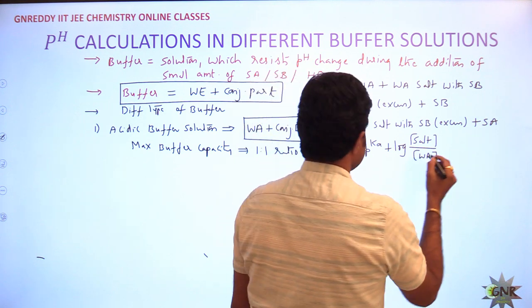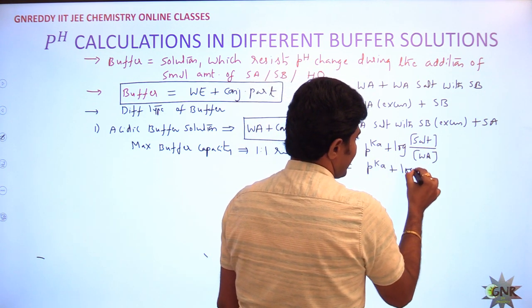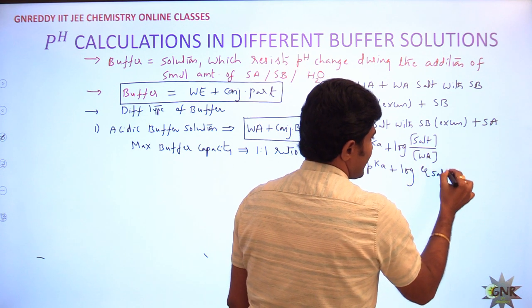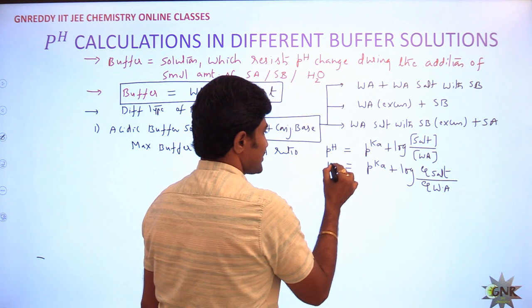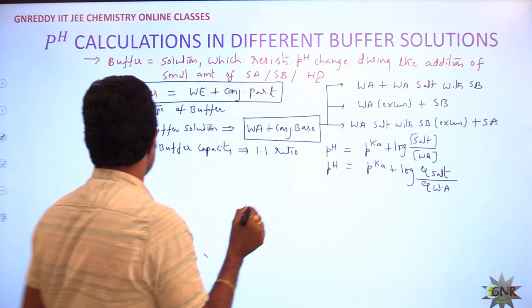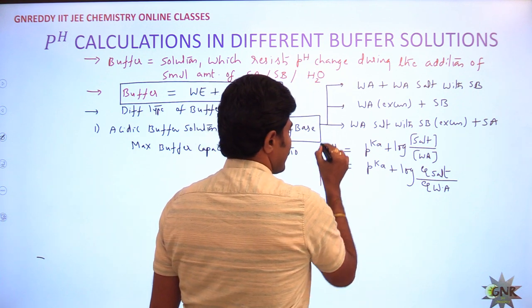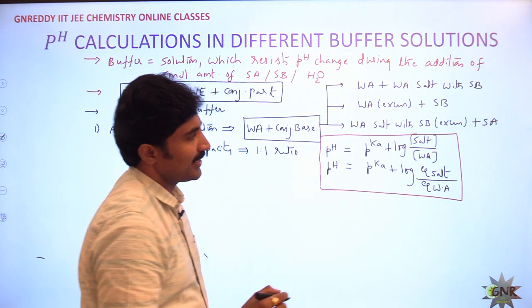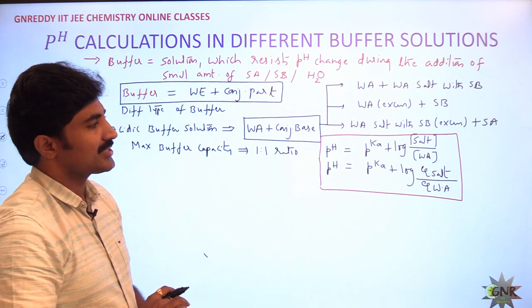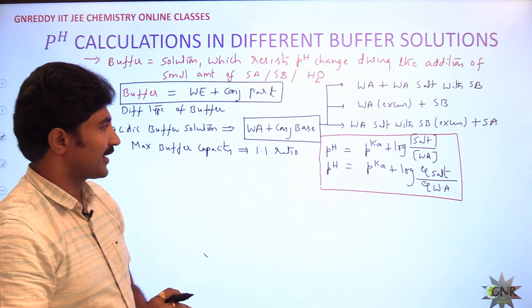So that's why this expression is pKa plus log of equivalents of salt by equivalents of weak acid. So this is the acidic buffer solution pH calculation: pH is equal to pKa plus log of equivalents of salt by equivalents of weak acid.